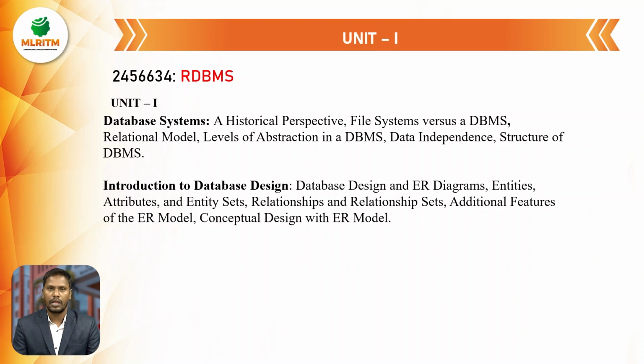Next, introduction to the database system, database design and ER diagrams, entities, attributes, and entity sets, relationship and relationship sets, additional features of the ER model, conceptual design with ER models.